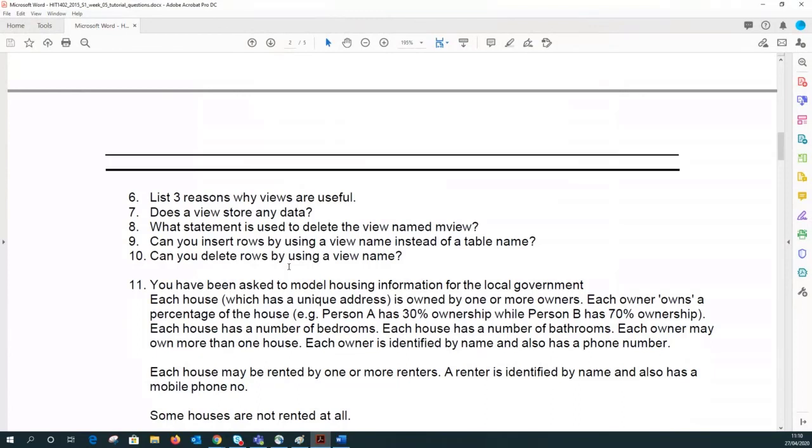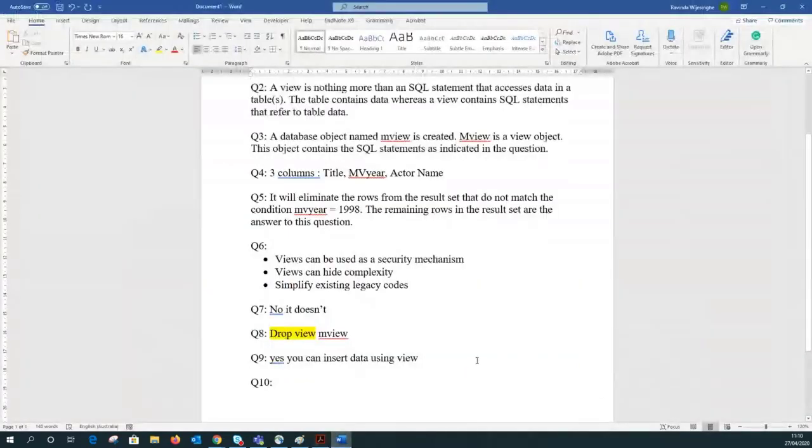But how to delete the data from the view? The answer is actually yes, you can delete. But remember, it is a bit dangerous.